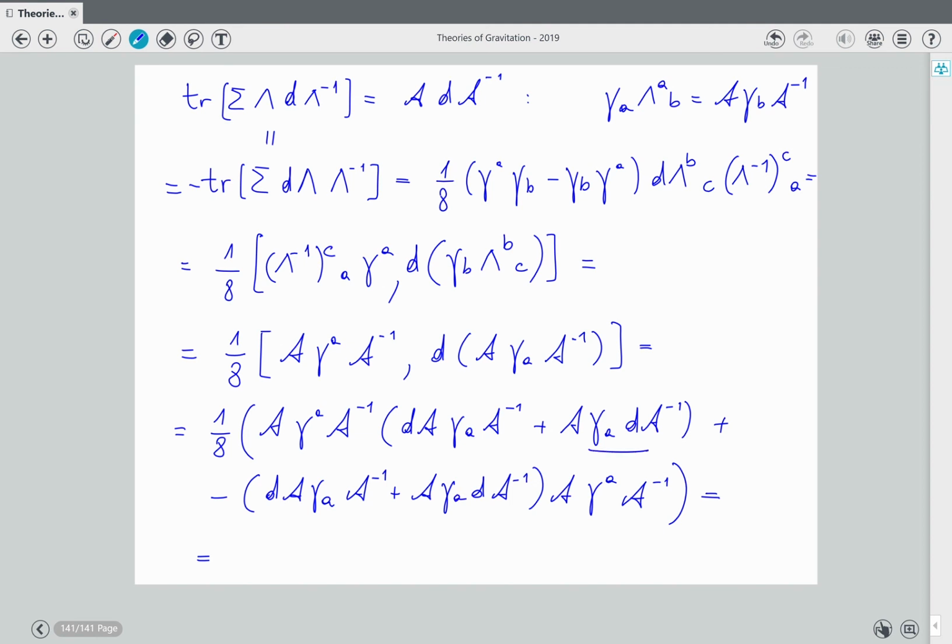So these two terms I was saying, you see you have gamma A, A minus 1, gamma A. Remember there is an identity for gamma matrices that says that this is 4. So you have a 4.